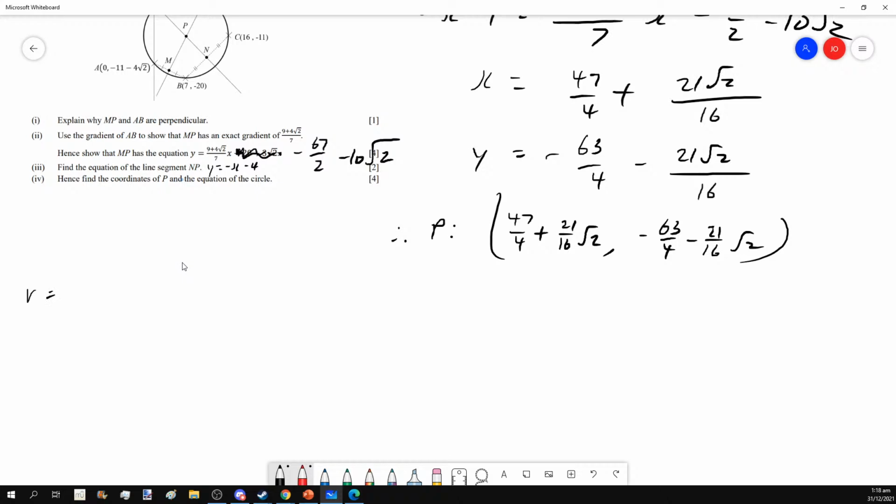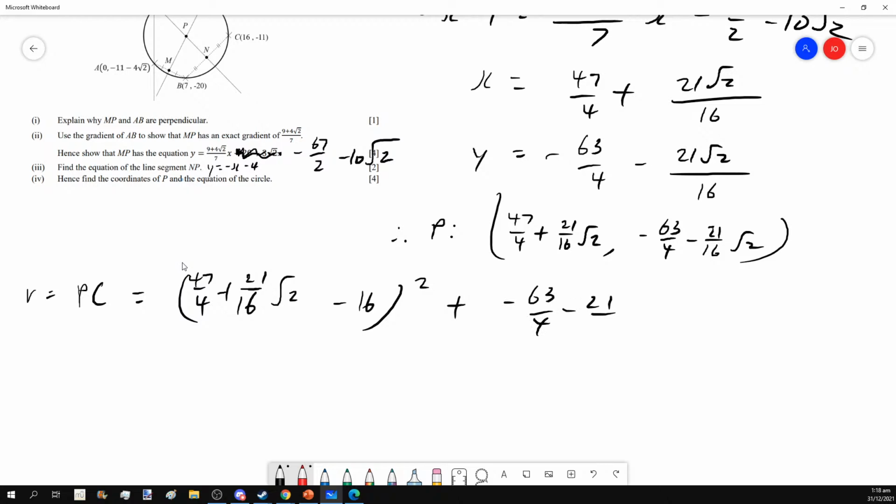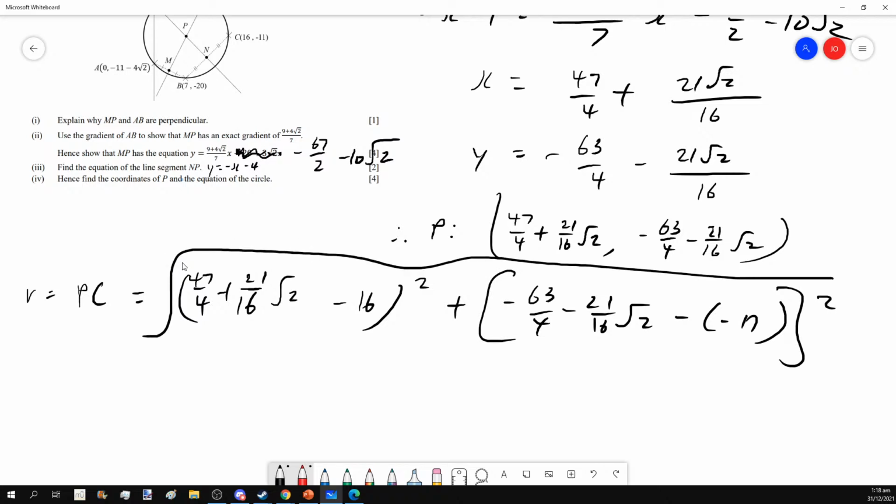So the radius will be the distance between P and, let's choose C, just for the heck of it. And this radius will be a little bit on the ugly side because we're going to have to do Pythagoras with this absolute disaster. So we should get x coordinate minus x coordinate squared plus y coordinate minus y coordinate squared, root the whole thing, like this, right?